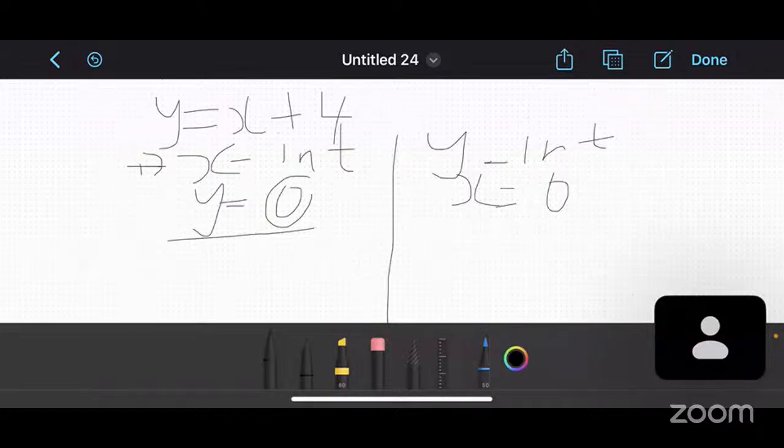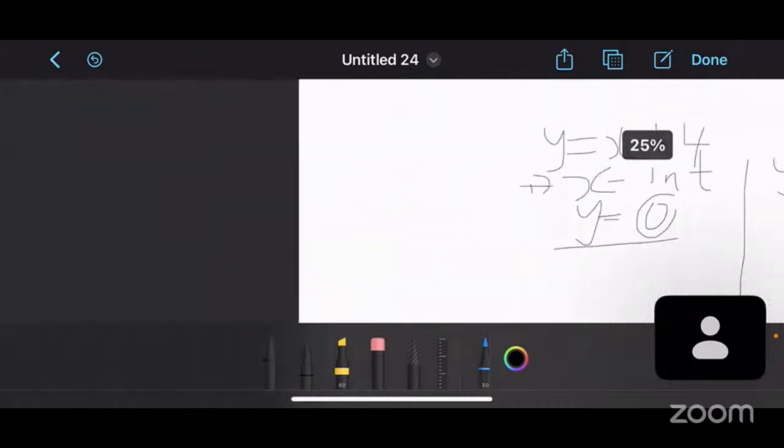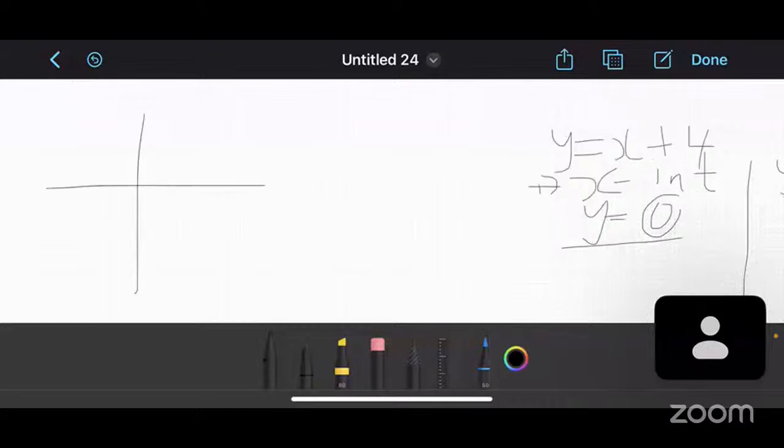As I was saying, the x-intercept simply means where the line graph cuts the x line, where the graph crosses the x line, right? Because this is the Cartesian plane, this is y and this is x.